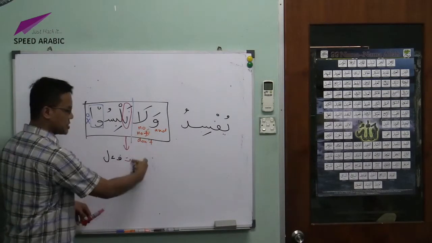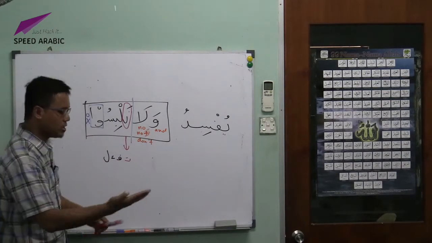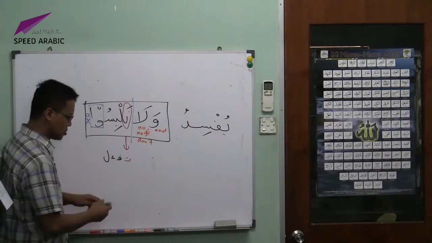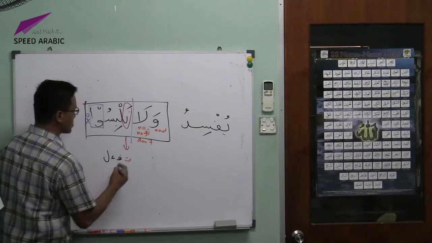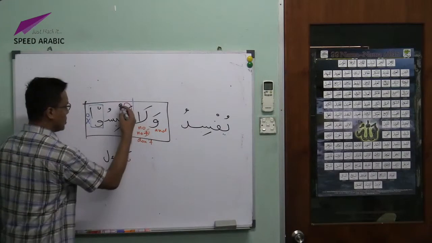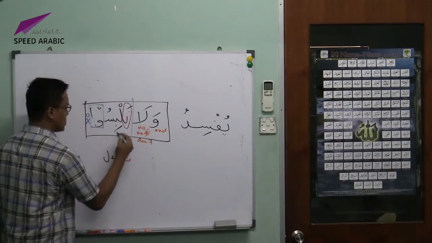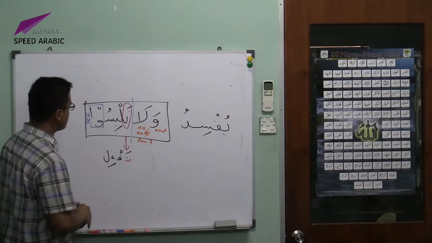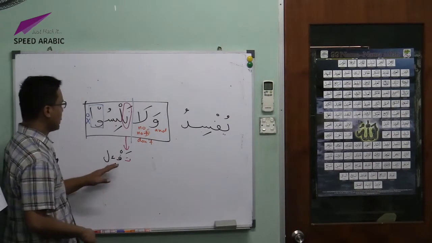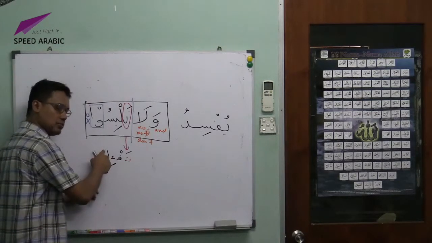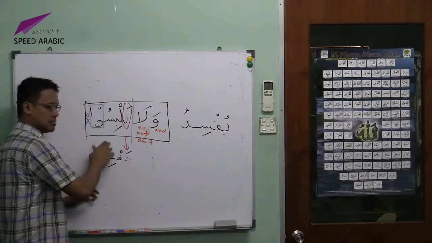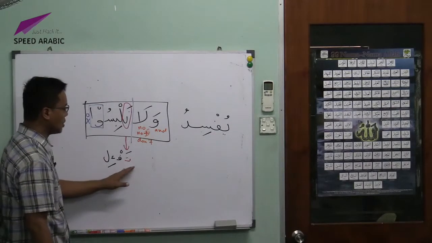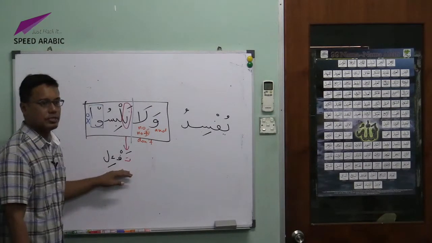So you bring down first the prefix, and then you follow all the strokes. Fatha is fatha, sukun is sukun, kasra is kasra, and usually at the end you don't write, because the end can change. So you got taf'il.